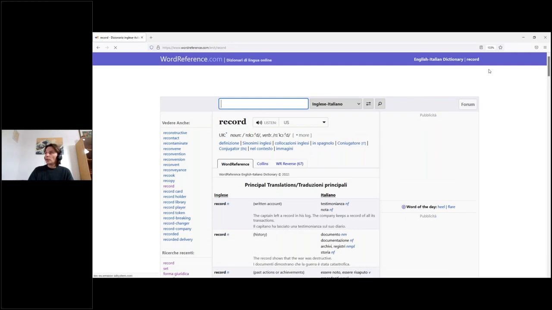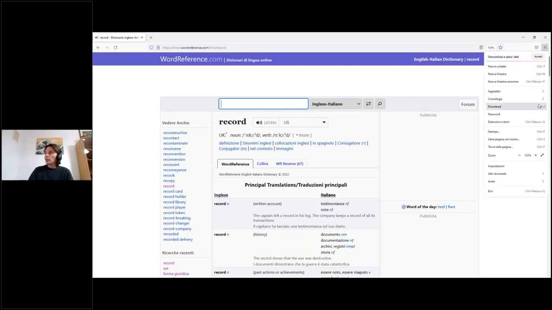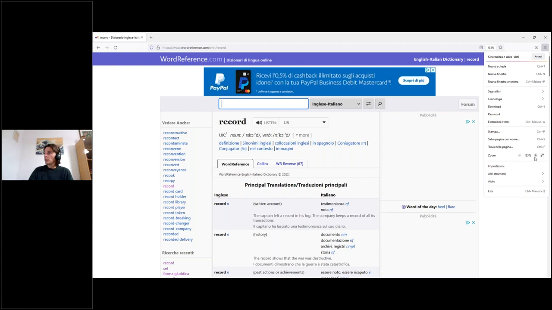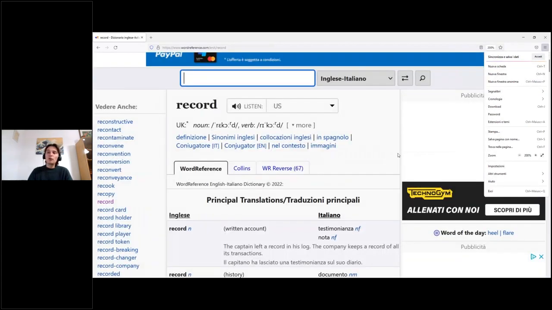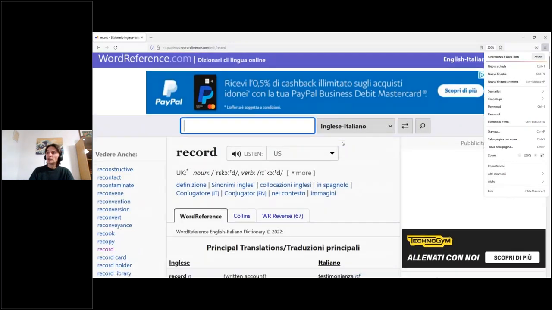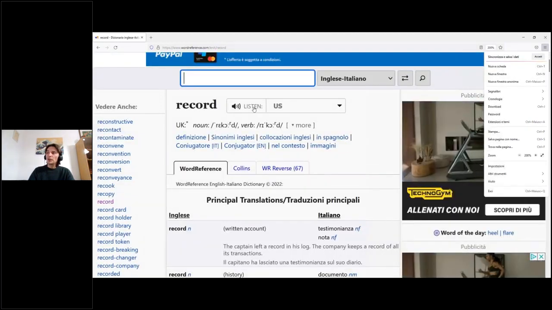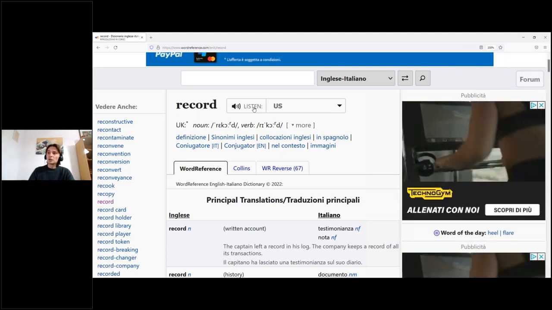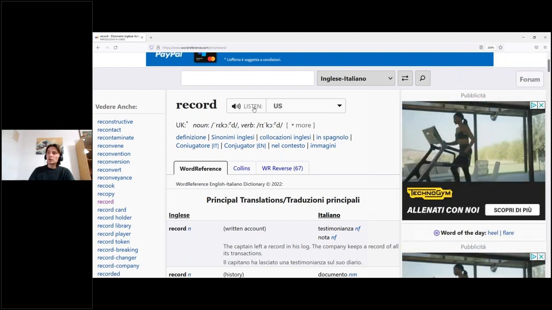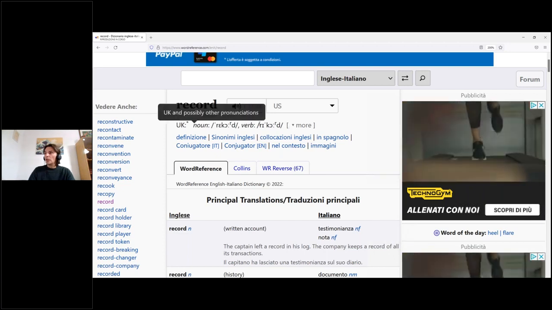So when I look this word up, let me zoom a little bit more. When I look for a word such as record, here is the pronunciation. Record. Okay, record.